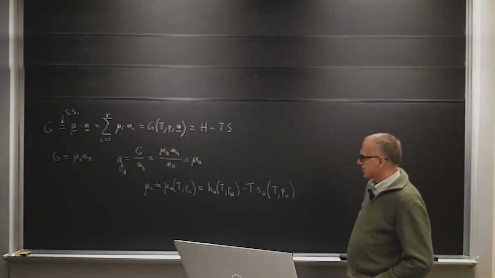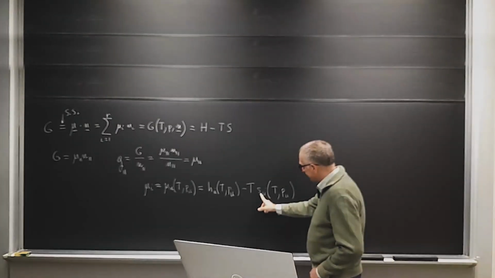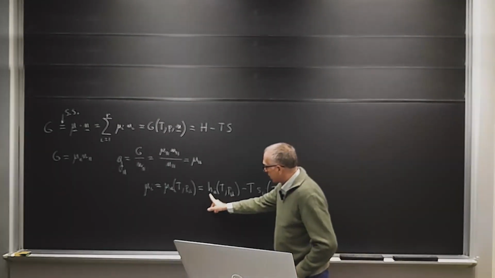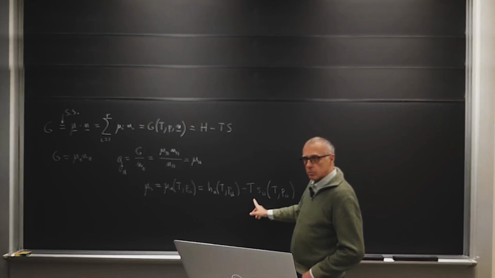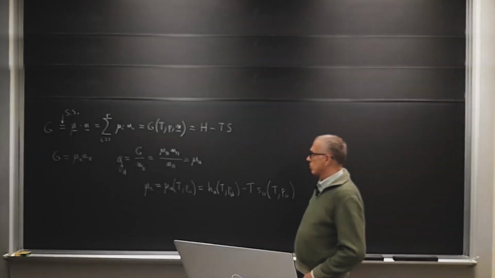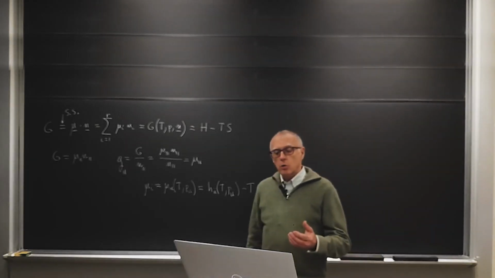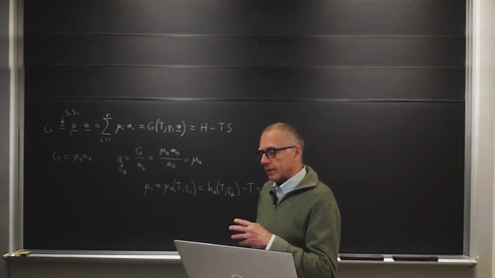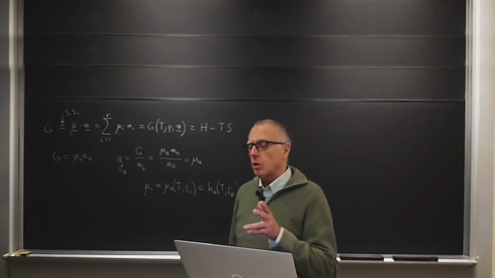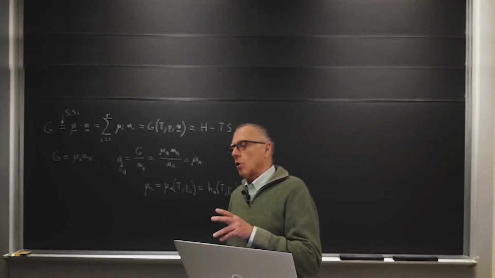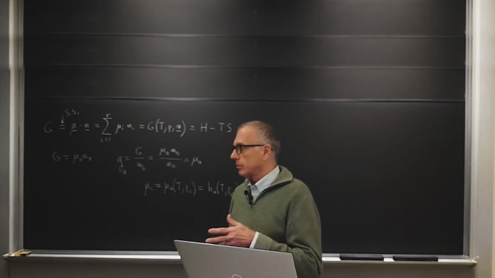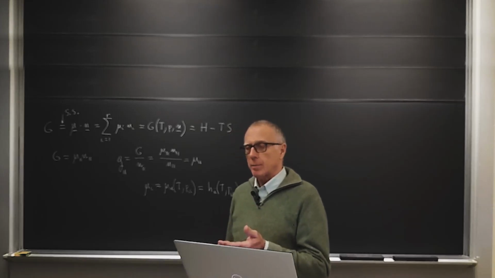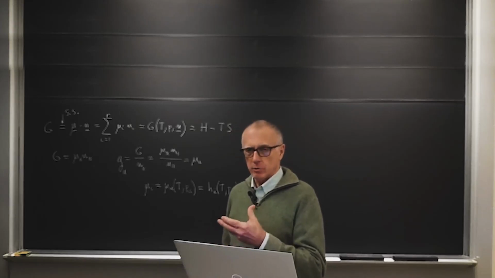Okay. And these with double i are the properties of the pure substances. So a good part, but not all, of the properties of the mixture are determined by the properties of the pure components.